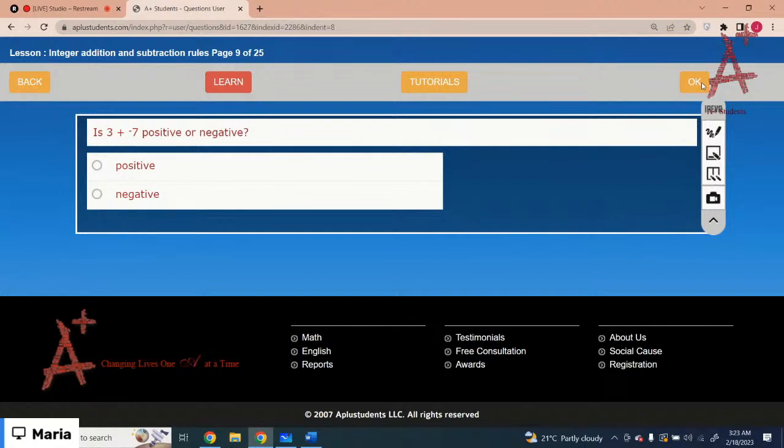Okay, 3 plus negative 7, positive or negative? So which is a greater number? 7 is greater and it has a negative sign. Got it? That means the answer must be negative.